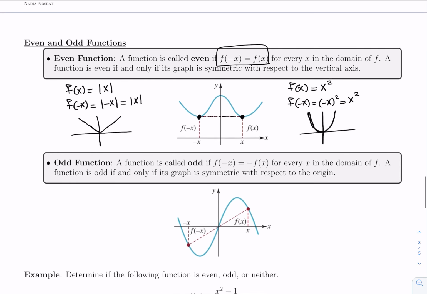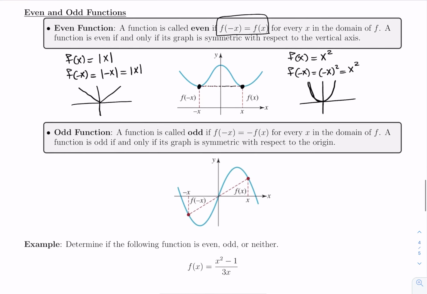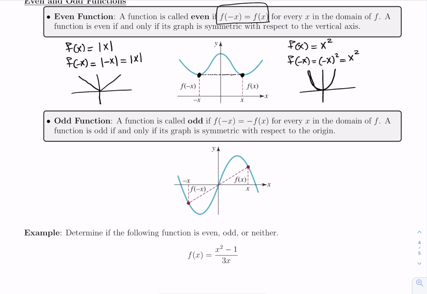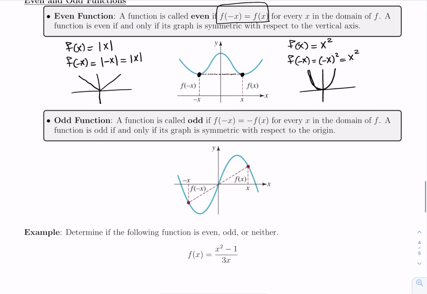Another group of functions which have symmetry, called odd functions, are the ones which have symmetry with respect to the origin. That means if you replace x with negative x, then the y-coordinate f of x will become opposite, will become negative of f of x.